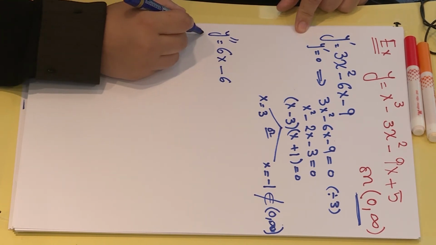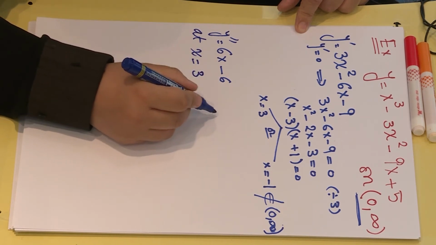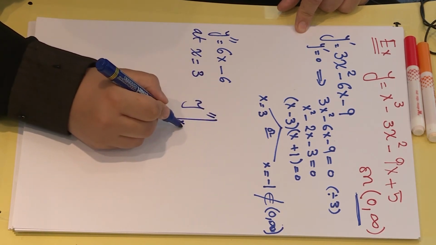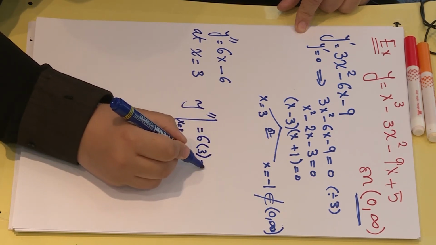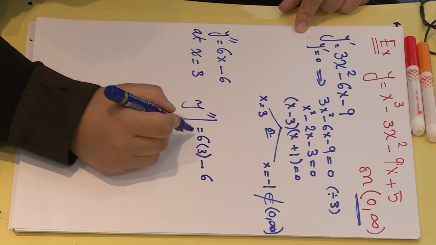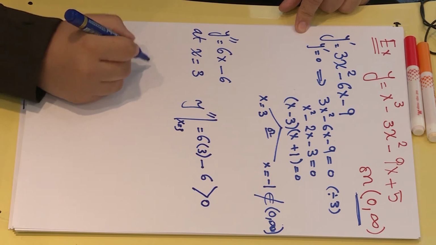Now, at x equals 3, y double prime evaluated at x equals 3 is equal to 6 times 3 minus 6. So this is 18 minus 6. This is greater than 0.